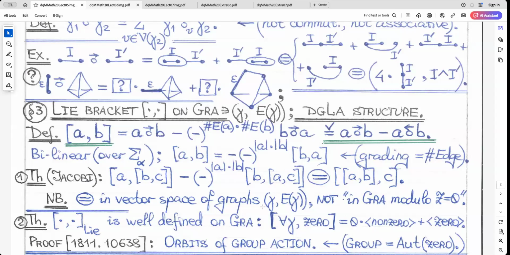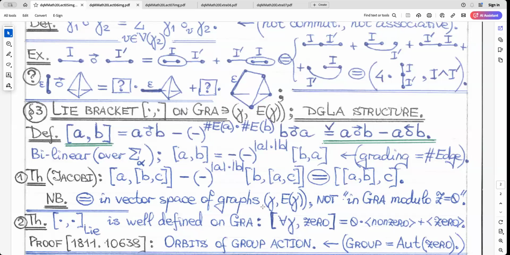Every graph has its own grading. The grading is the number of edges. So all our spaces of graphs, all our homogeneous components, are Z-graded by the number of edges. But because they are linear combinations, you sum up over all. You proceed by linearity in A, you proceed by linearity in B.